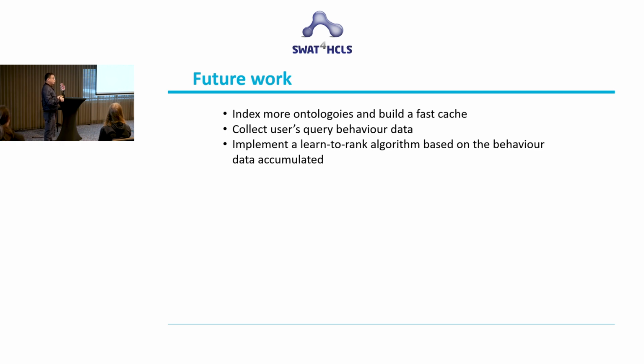For the FAIR Data Point, currently we don't have much data to train our algorithm. So we need to collect, for example, user query behavior data. Based on this data set, we can implement a more advanced ranking algorithm, for example, a learning-to-rank algorithm. So that's the future work.